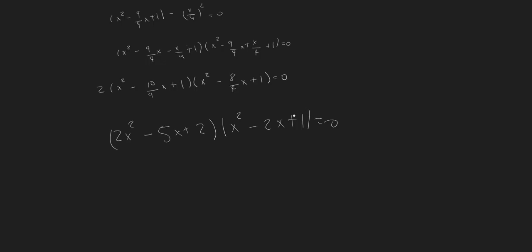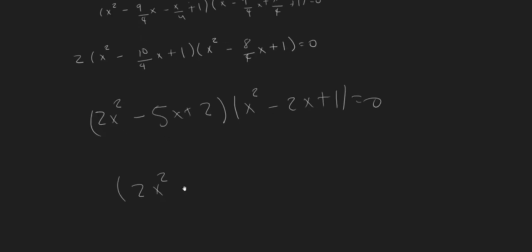And we know what this becomes. Let's zoom in a little bit and make this a bit neat. 2x squared minus 5x plus 2, times x minus 1 squared equals 0.